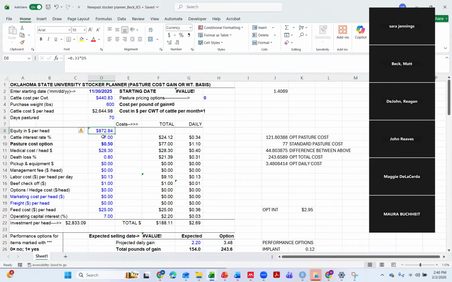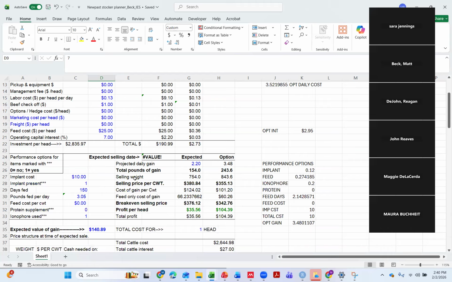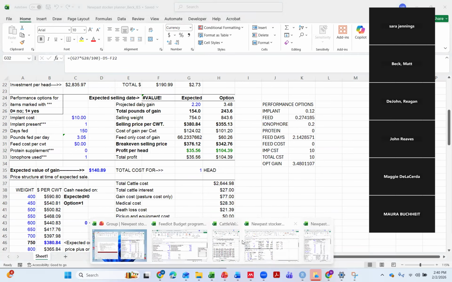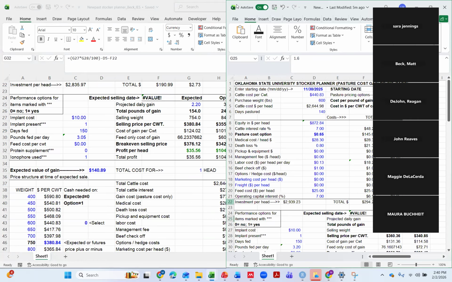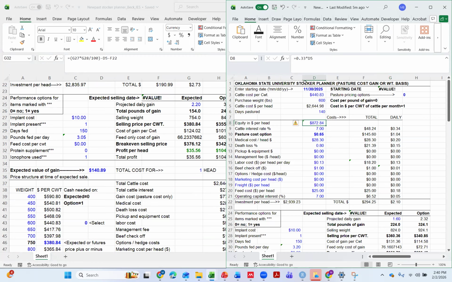Yep. So if you caught that, did you get 35.56? Yes. So this was the season long, so change that to 25.